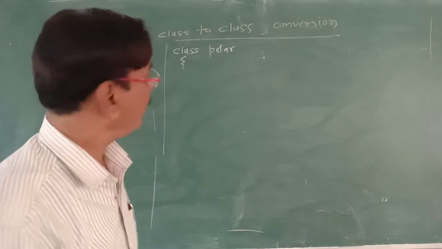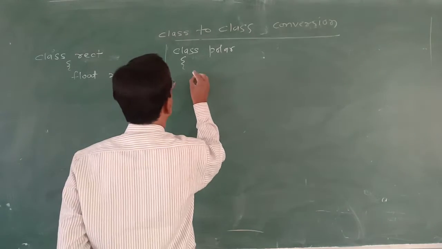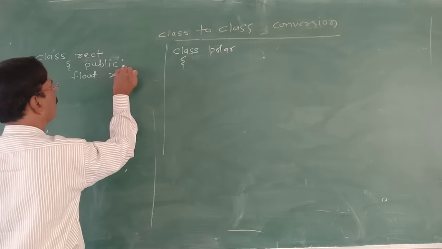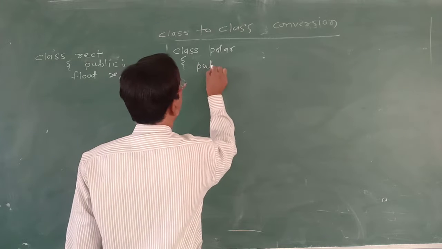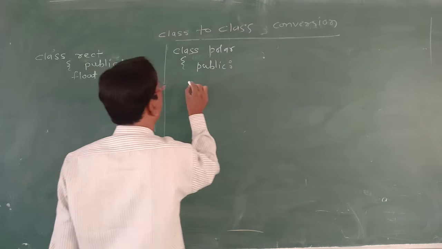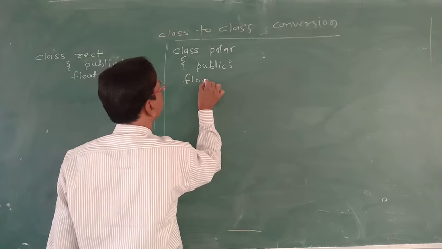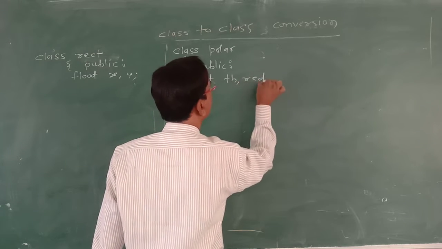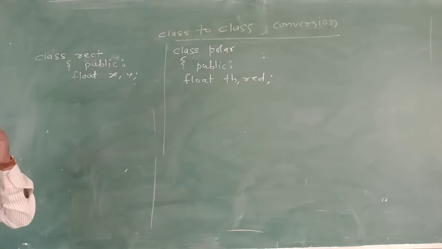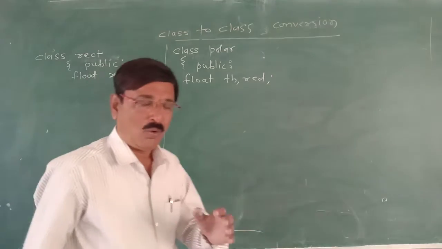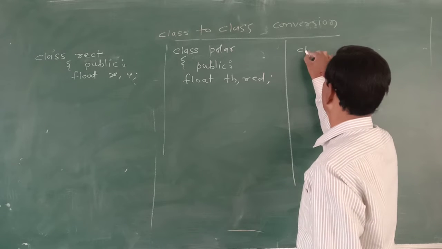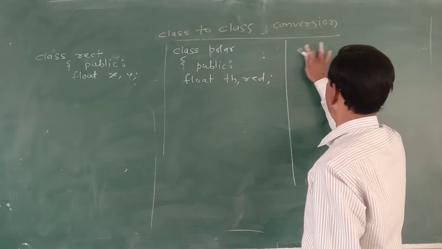Class polar, class rectangular, in which we are deliberately making the members public. Here float theta, radius. Now the expression should have mixed data types. Void main.